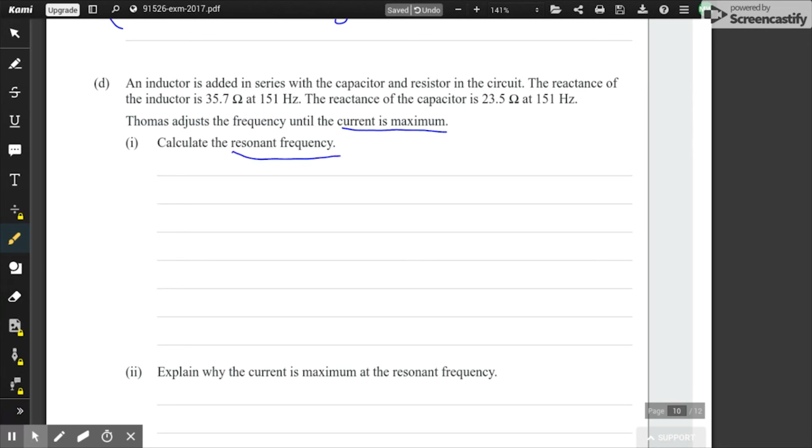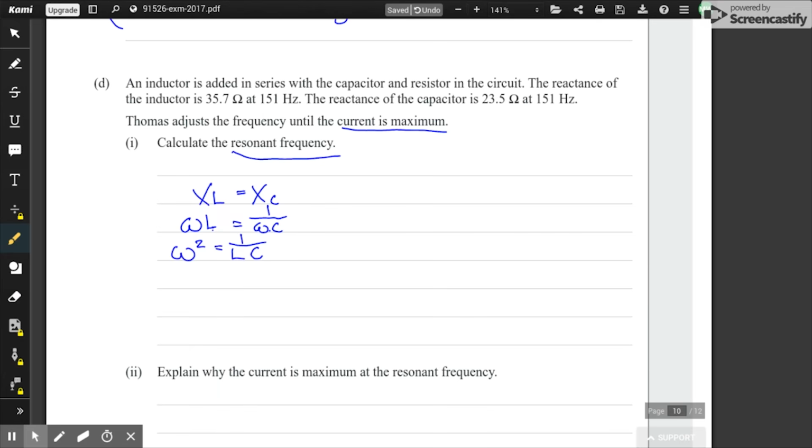Now, for the resonant frequency, the first thing to unpack from that is that the reactance of our inductor must equal the reactance of our capacitor. And further to that, we can substitute the equations for each of those, which you'll find on your formula sheet. What I'm now going to do is try to solve for our angular frequency. So I multiply both sides by our angular frequency, and I'll divide both sides by our L, which gives me this.